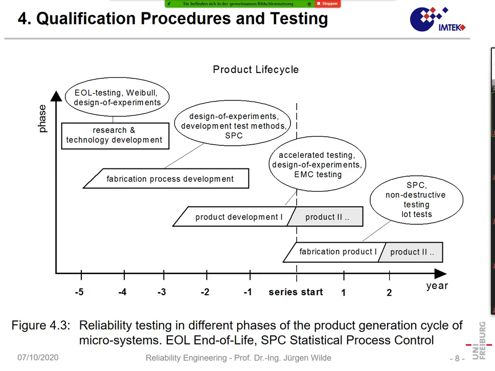Processes are actions which are repeated all the time in a company for individual generations of products. Now let's have a look at the life cycle of such a product. For instance, just take an example, an anti-lock braking system.